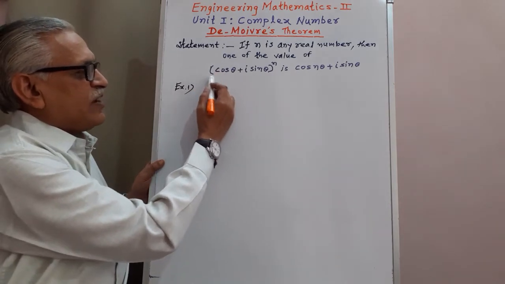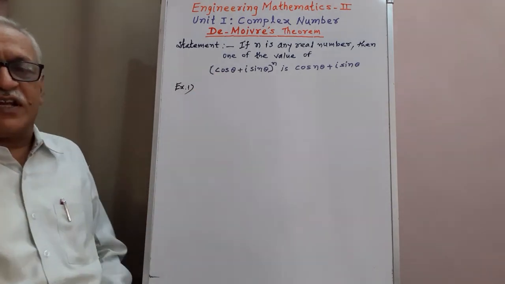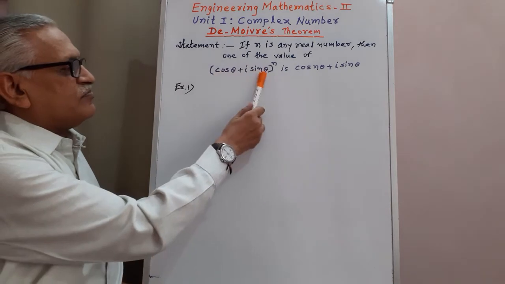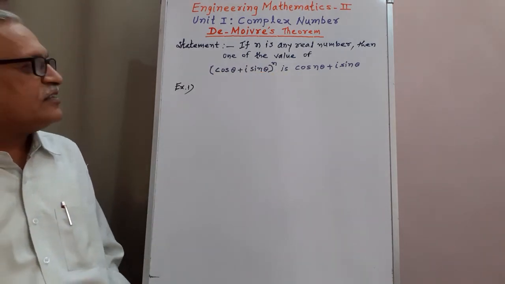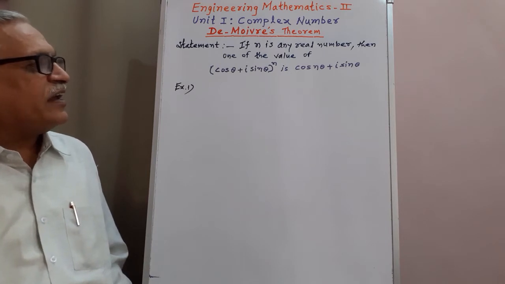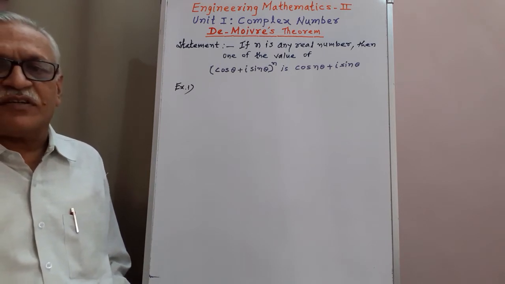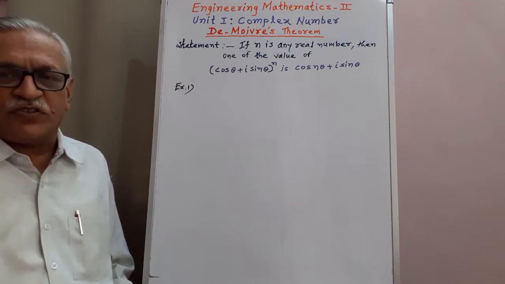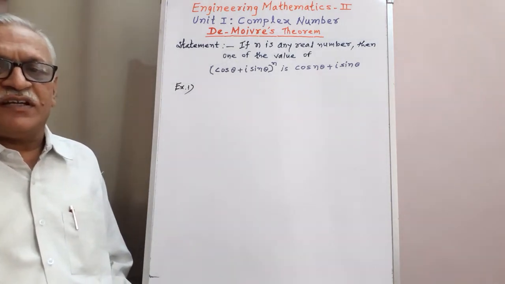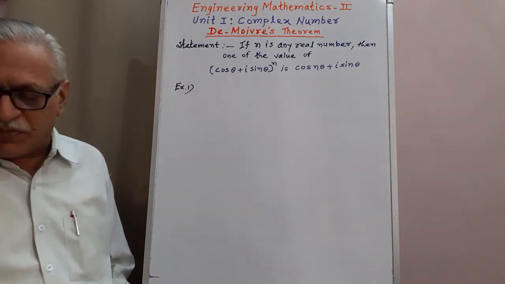Therefore, by using De Moivre's theorem, we can expand such a term. N is any real number, which means it may be a negative integer, a positive integer, or a rational number in the form of p by q.